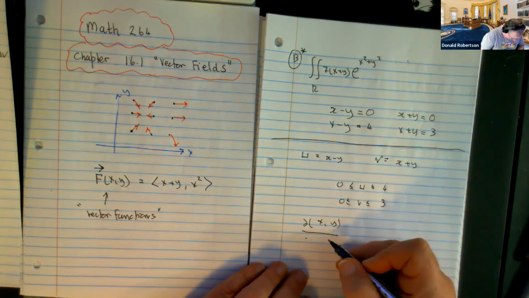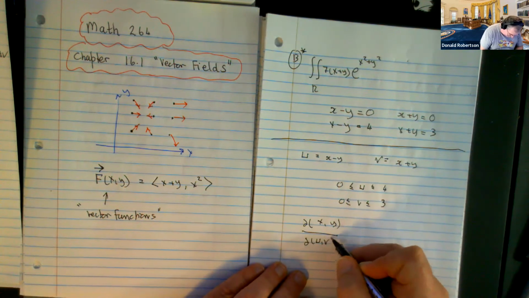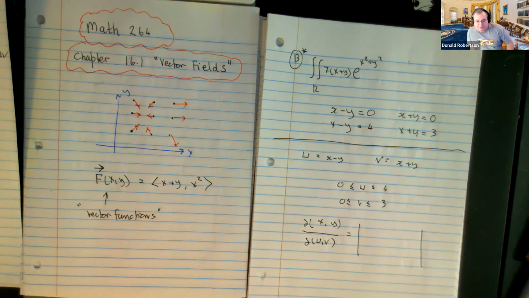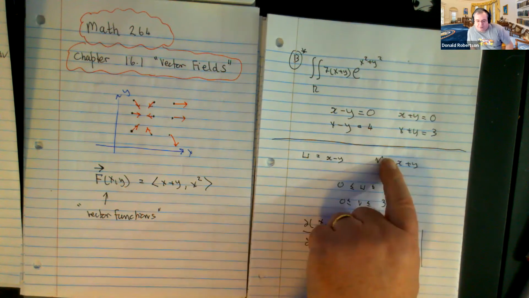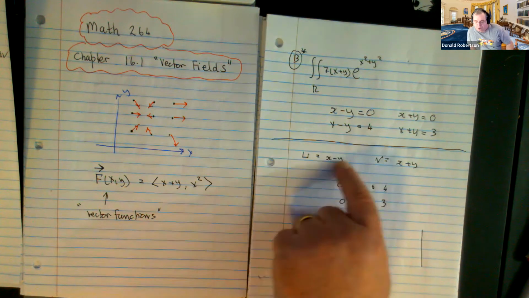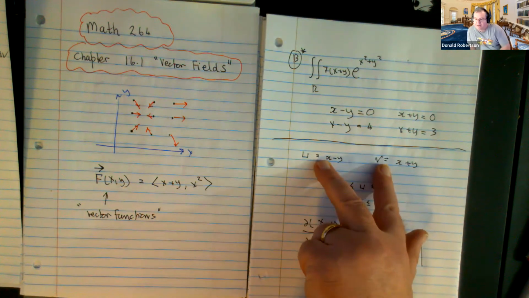But this time I did it the right way around. Now, do you see in this question, the information is not x equals some function of u and v and y equals some function of u and v. It's this way around. You see that?